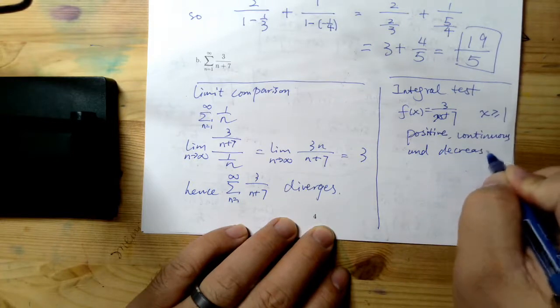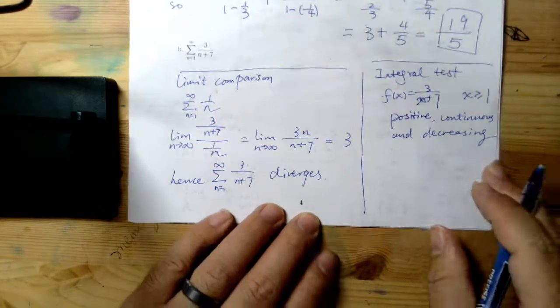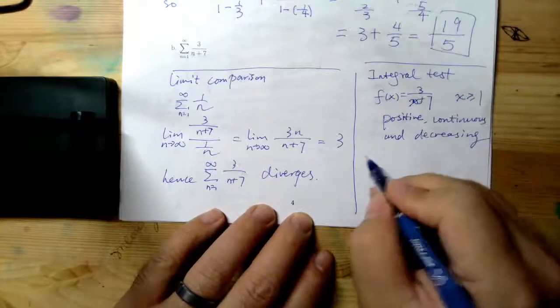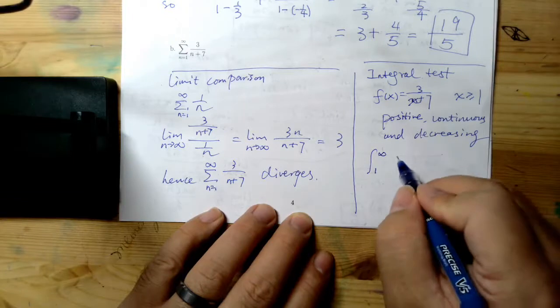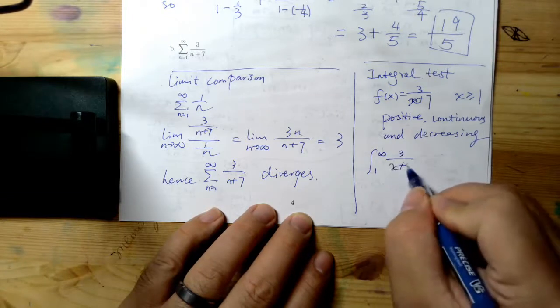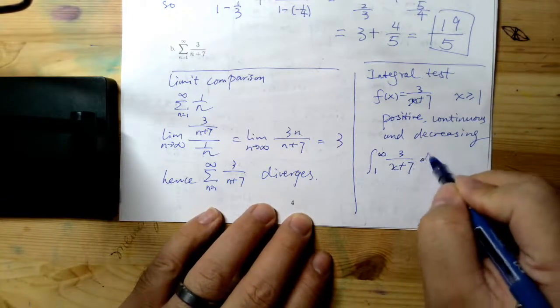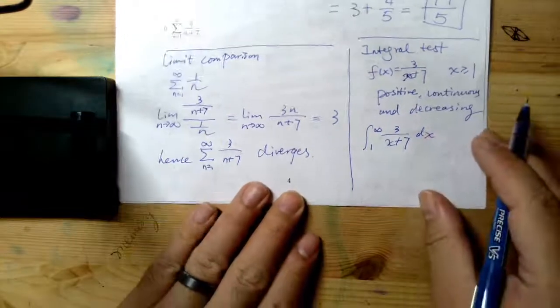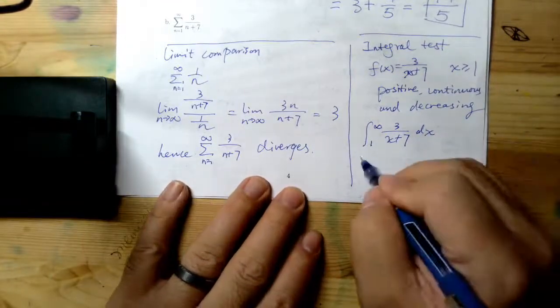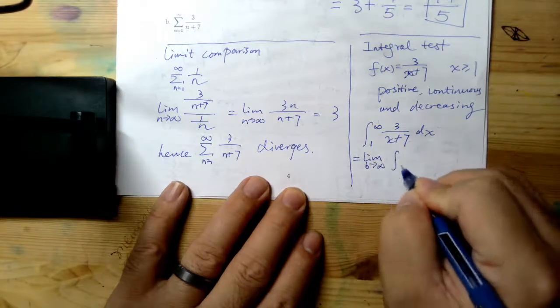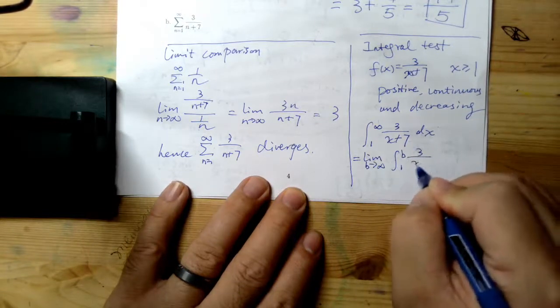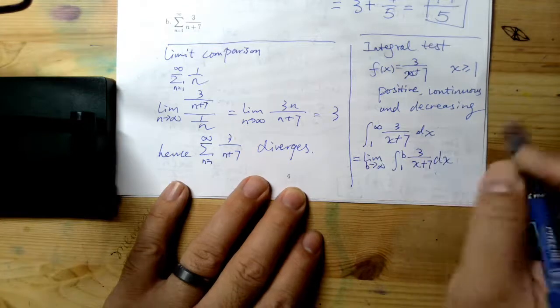Satisfying those three conditions, we evaluate the integral from 1 to infinity of 3 over x plus 7 dx. Of course, this is an improper integral, so we convert it to the integral from 1 to b of 3 over x plus 7 dx.